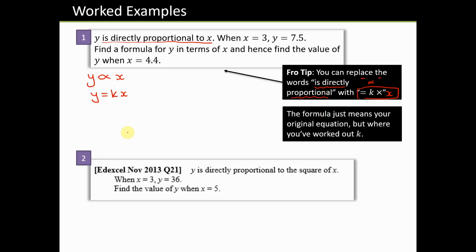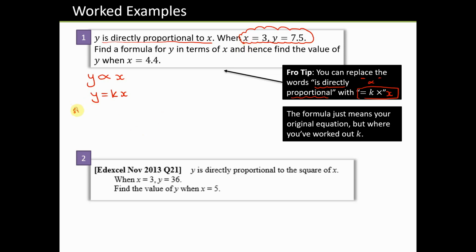And that's basically going back to when we had our D equals 30S. That K is in the place of the 30. Obviously this is a different question, and we want to go ahead and try to find it. Next, we always get given two things. So when X is 3, Y equals 7.5.